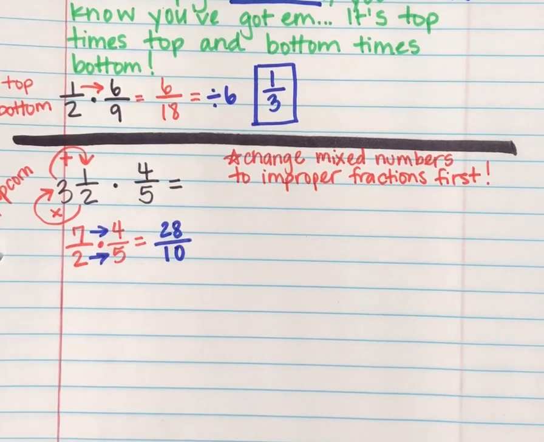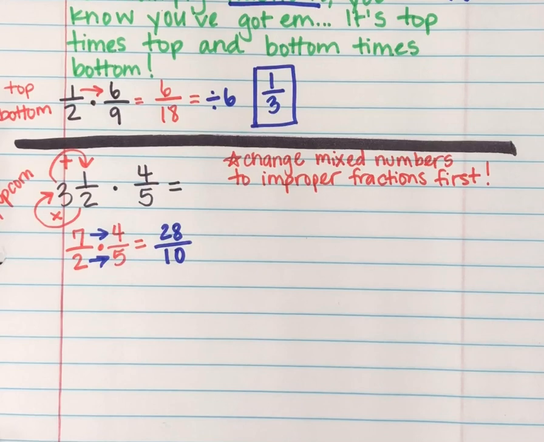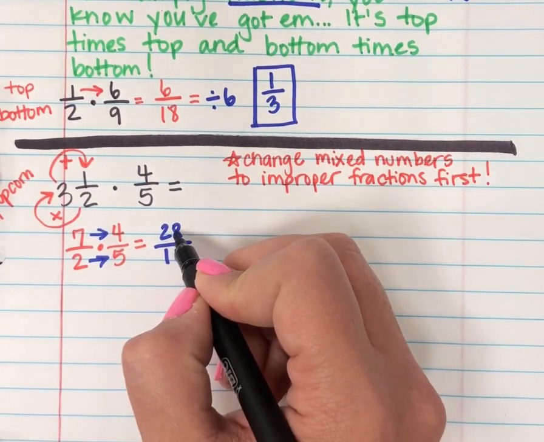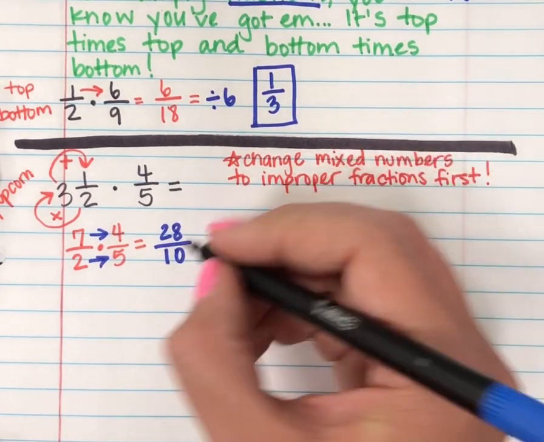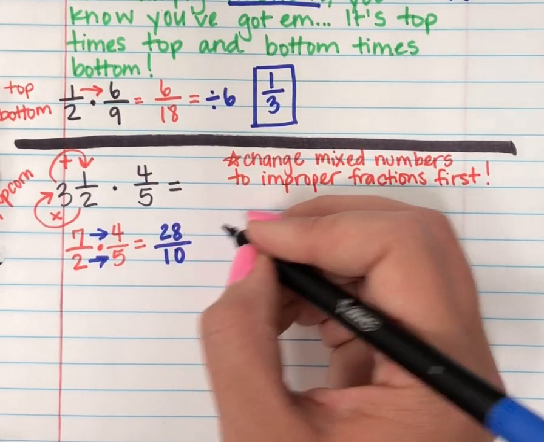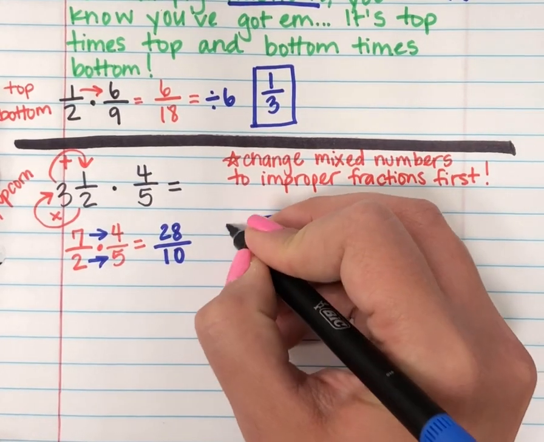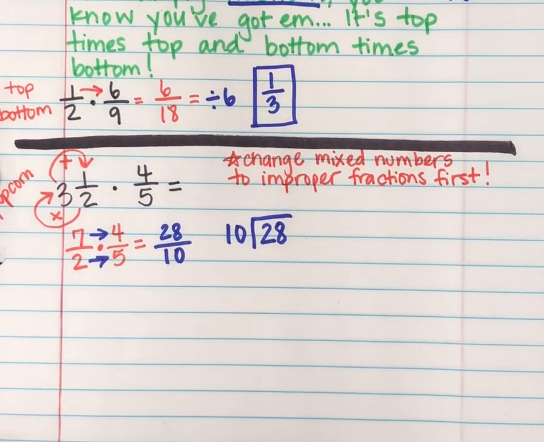And that's not actually done yet, just because, again, we have to make sure that our fraction is in simplified form. This is improper. So what we do to change an improper fraction back to a mixed number is we divide. So maybe you've heard the term top in, bottom out.